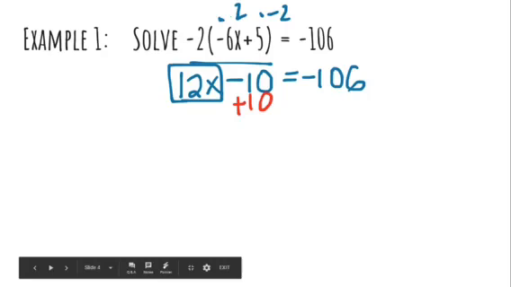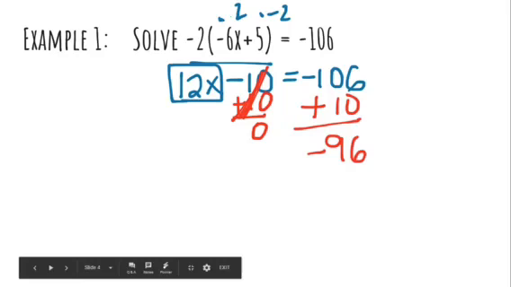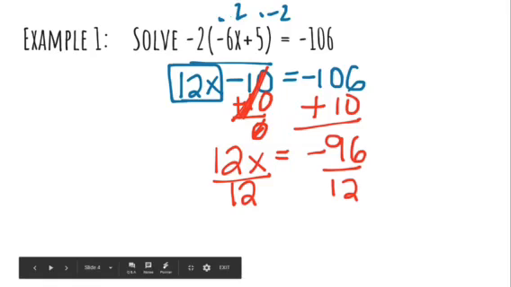Doing the opposite gets this to be 0, which means it cancels out, so I'm going to add 10 to both sides and get -96. I'm going to bring down my equals, and I'm going to bring down my 12x. The next step is to divide to get the variable by itself, and I can see that my variable is equal to -8.